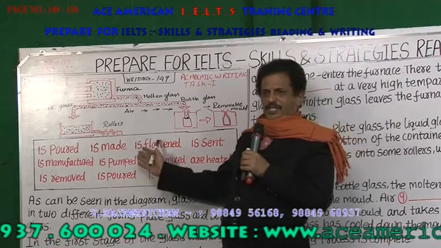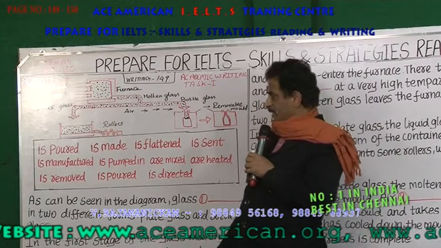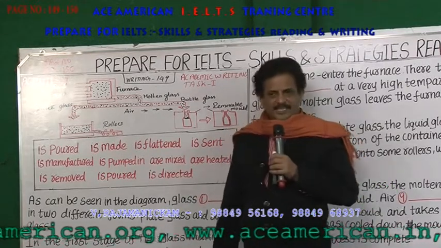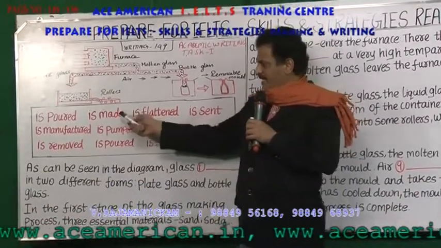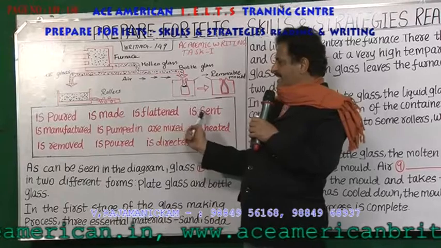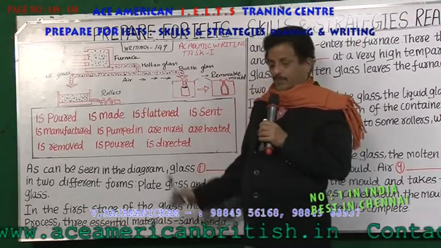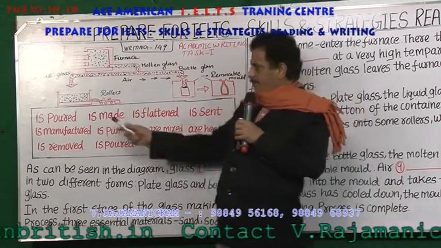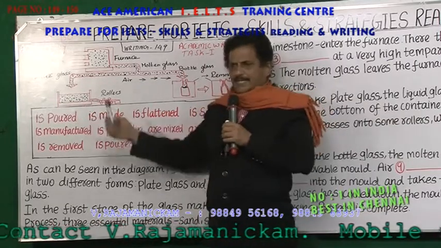In front of these words, verb formats, you find auxiliary verbs. What are the auxiliary verbs? You find is, you find are. So it is in present tense, you can understand. So all the words here, poured, made, flattened, sent, they are past participles. They are not past tense, mind you. They are past participles, even though ed is there.